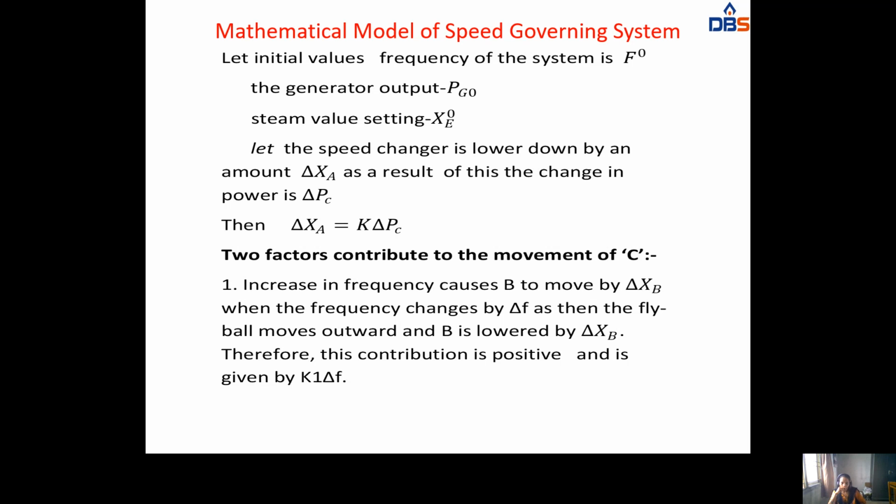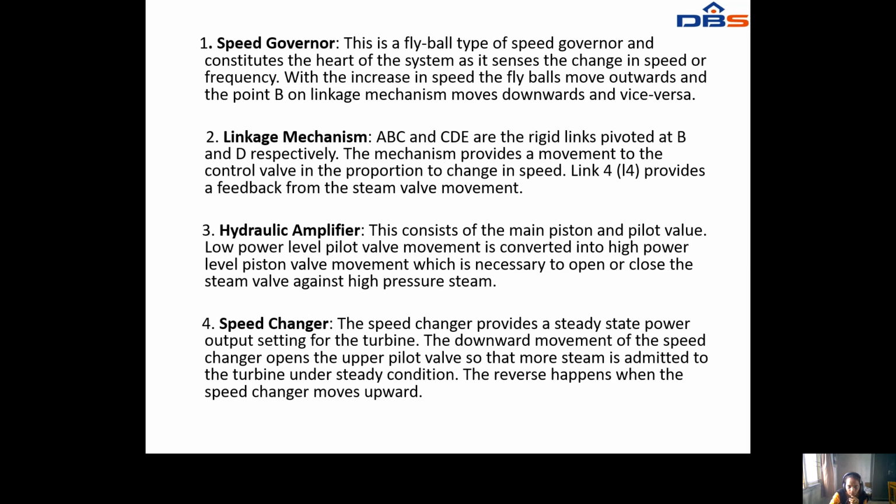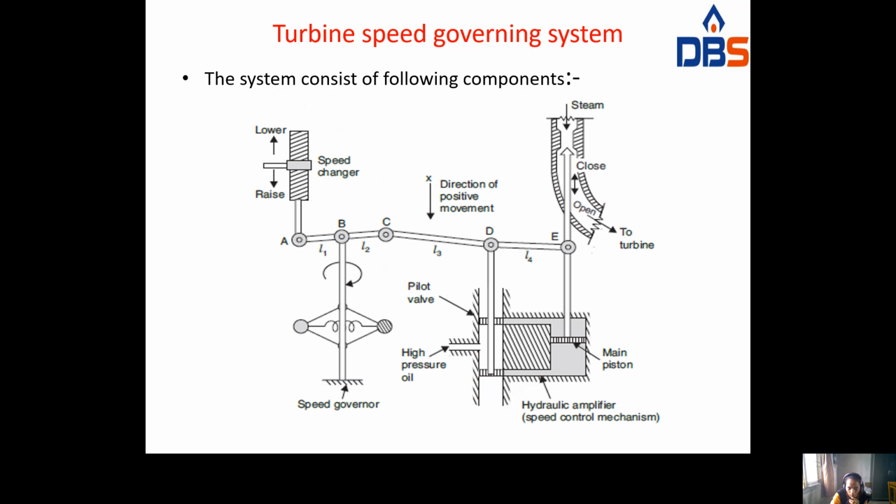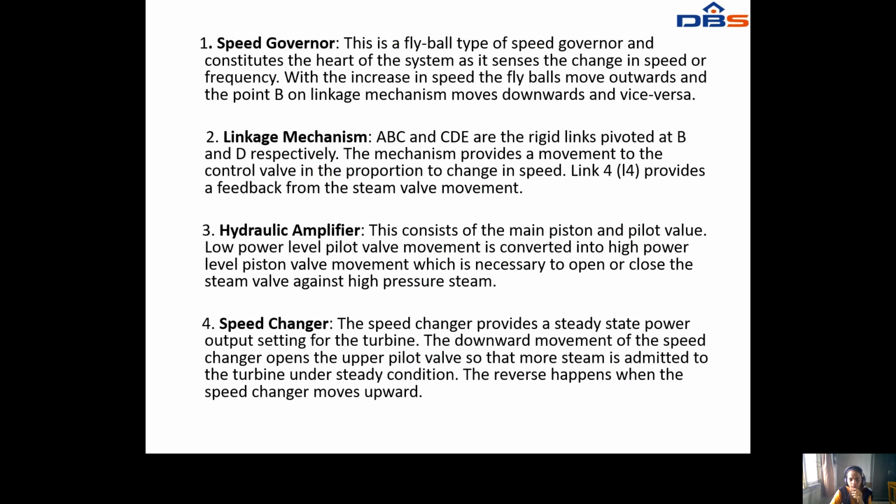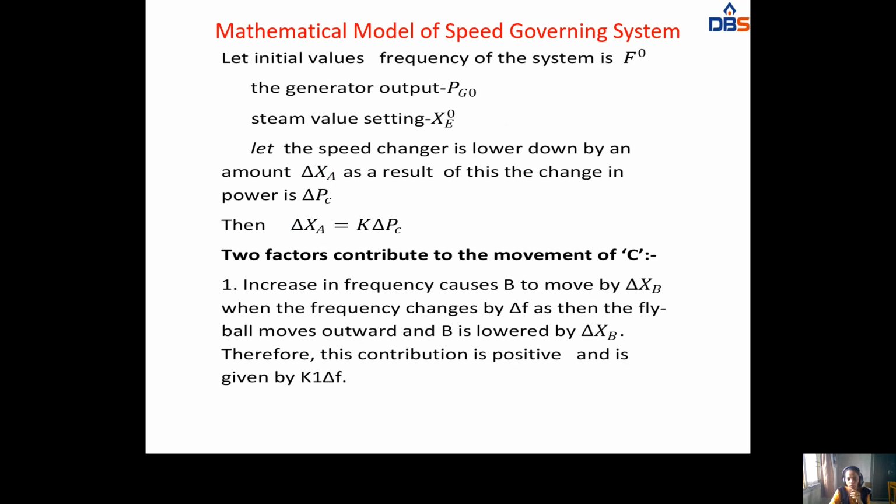Two factors contribute to the movement at point C in the speed governing system. First, an increase in frequency causes B to move by delta xb.